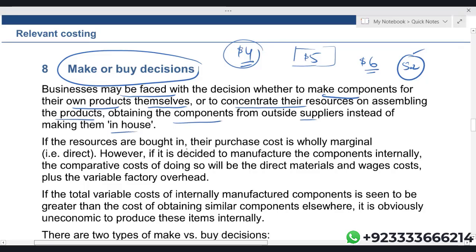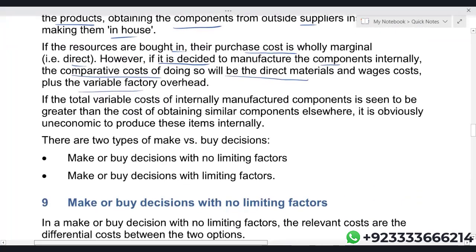If the resources are bought in, their purchase cost is wholly marginal, direct. However, if it is decided to manufacture the component internally, the comparative cost of doing so will be the direct material, wages cost plus the variable overhead. So if the total variable cost of an internally manufactured component is seen to be greater than the cost of obtaining a similar component elsewhere, it is obviously uneconomic to produce these items internally.